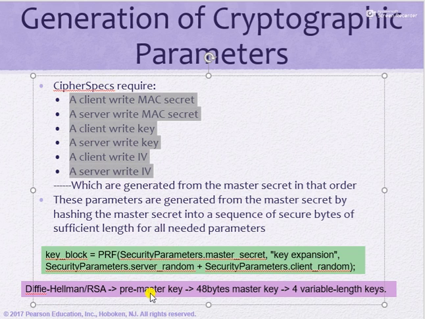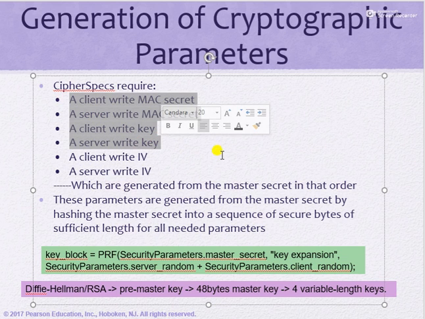The pre-master secret or pre-master key is generated by using either the Diffie-Hellman or RSA algorithm. And then from the pre-master secret we generate the 48 byte master key, and then from the 48 byte master key we generate these 4 keys that are used for calculating the MAC and encrypting the messages.